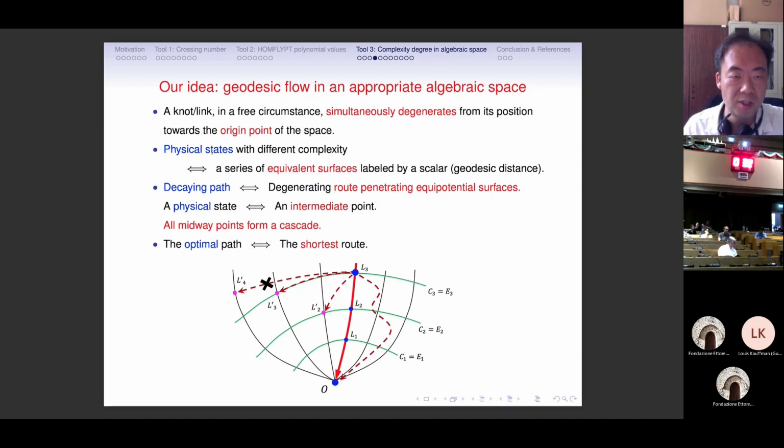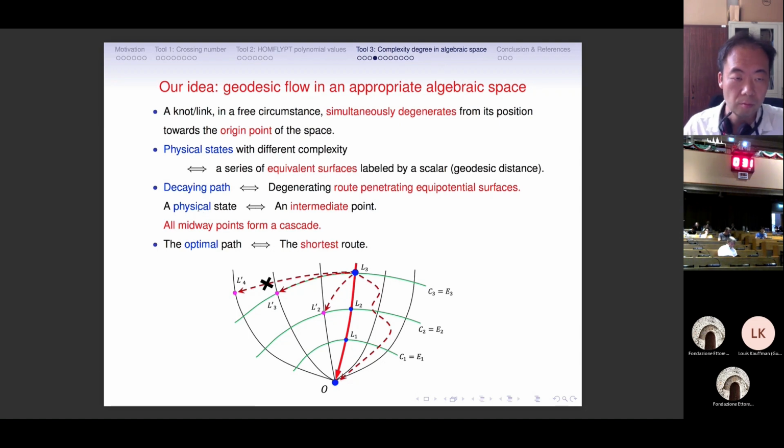And different physical states are represented by a series of equivalent surfaces labeled by the scalar, right? For example, if the space is flat, then these equivalent surfaces could be spherical surfaces, right?